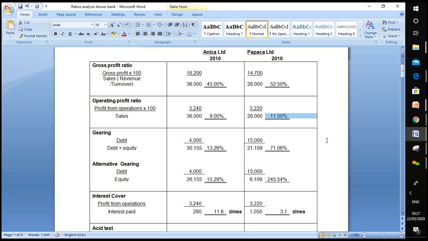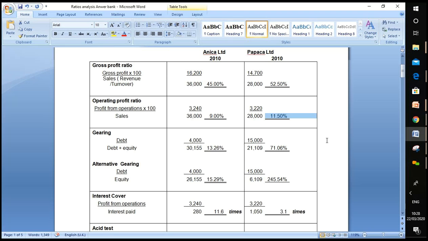Maybe Papika can focus on reducing their operating expenses. And Anika, of course, is significant; Anika needs to be reviewed as well. They have to review the cost of sales and the operating expenses as well.